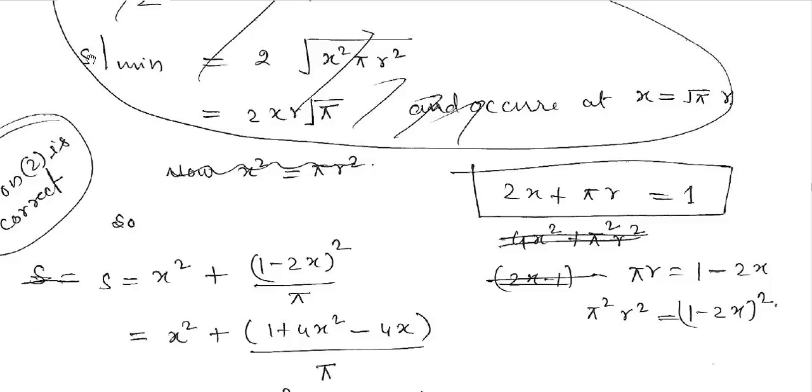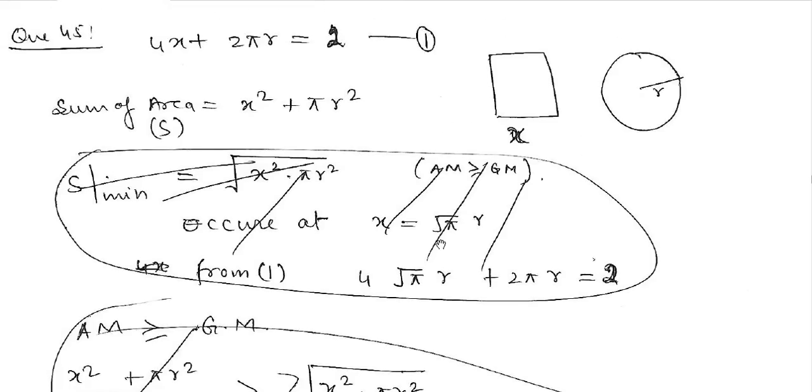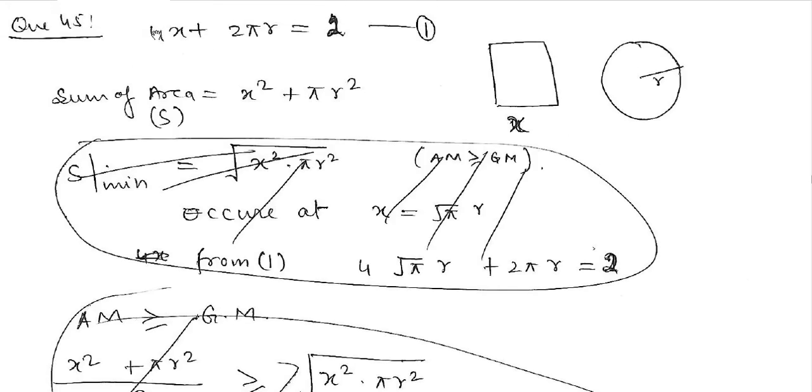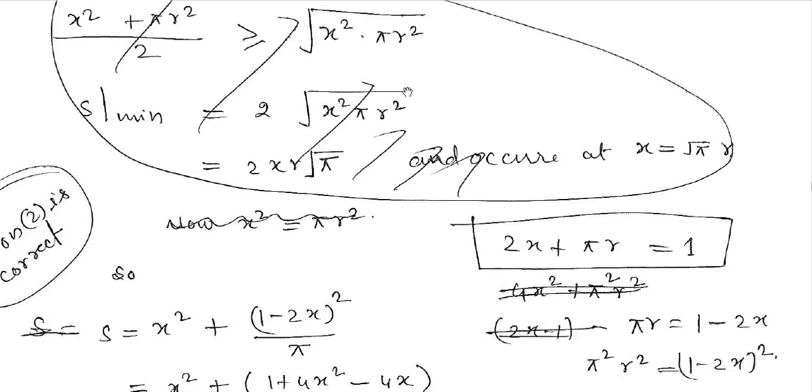In AM-GM we were getting S min as this, but our options were in a different format. So if we divide by 2 we get 2x plus pi r equal to 1.